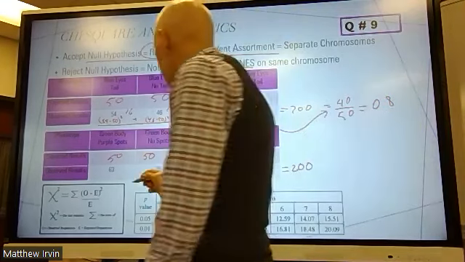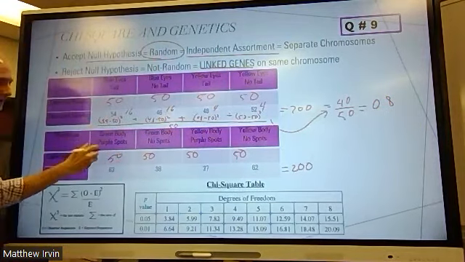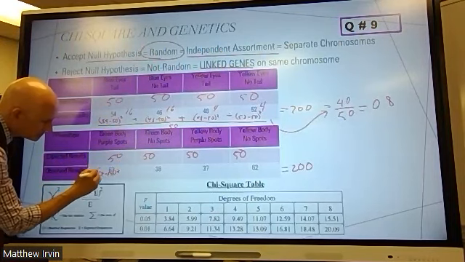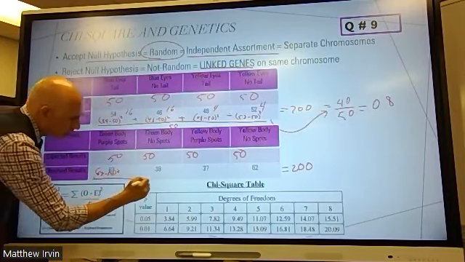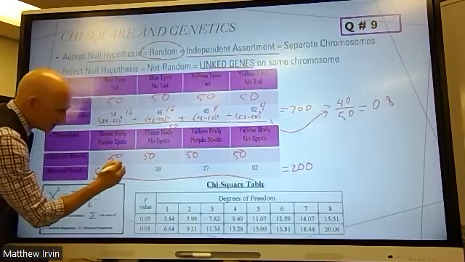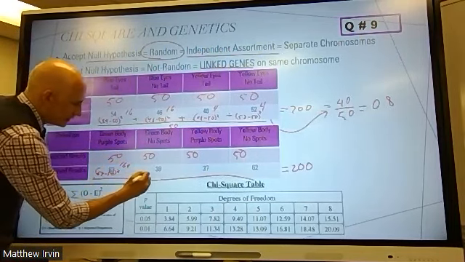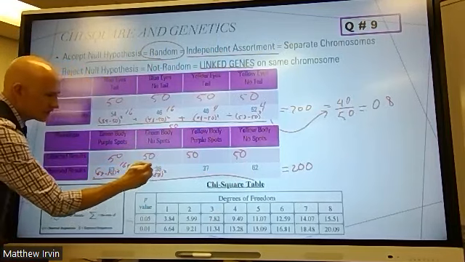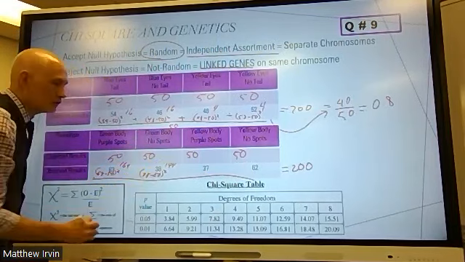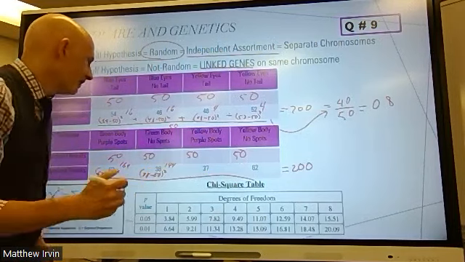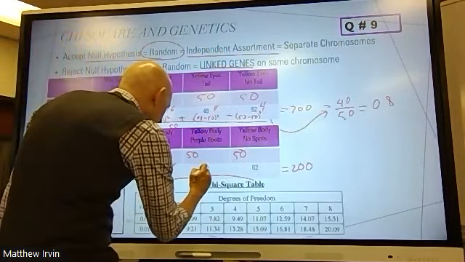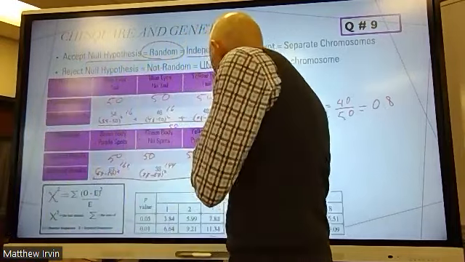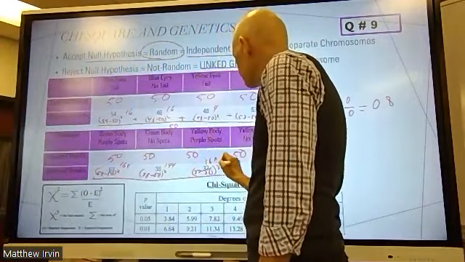Coming down here, we're going to do 63 minus 50 squared, which is 13 squared, 169. 38 minus 50 squared, that's 12, so that's 144. You would all do this on the calculator. I'm just remembering this from yesterday. 37 minus 50 squared, also 13.